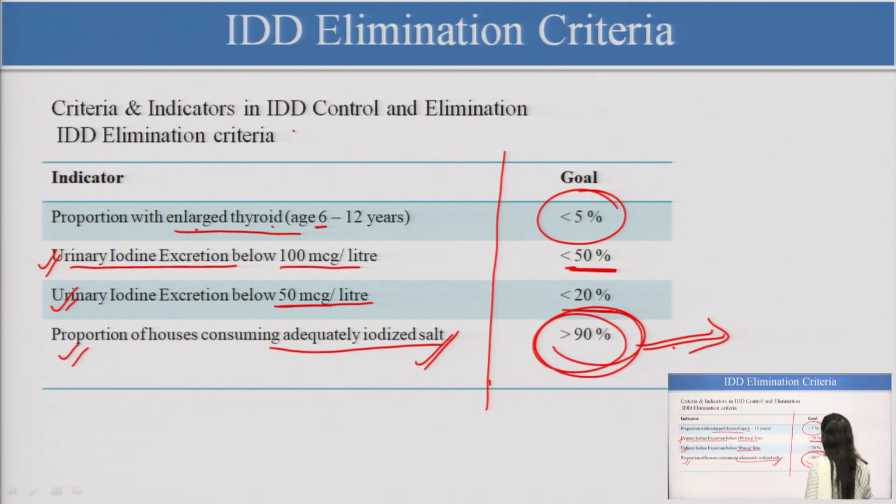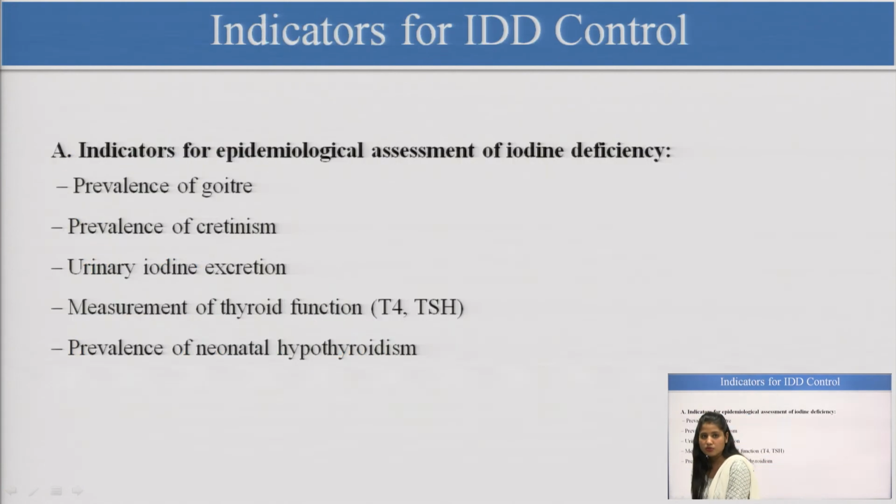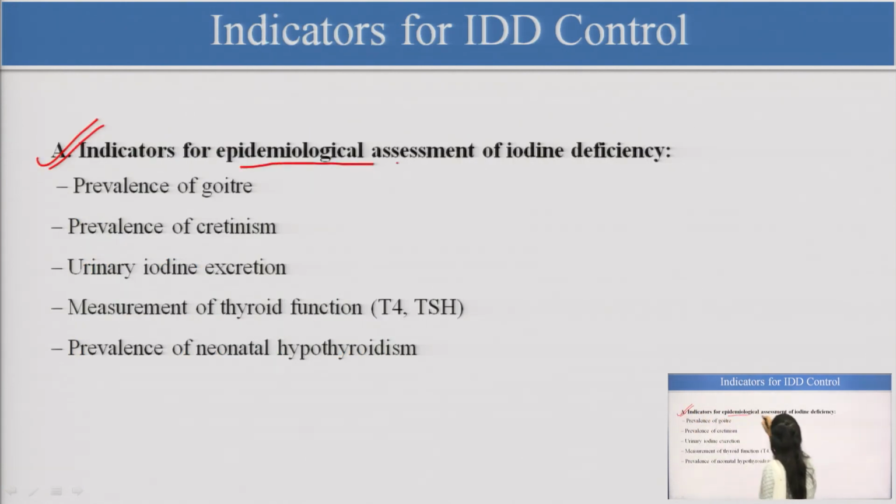Whatever programs the government launches, we are actually providing them to households. These are some of the indicators for epidemiological assessment of iodine deficiency. What will we check? We will check the goitre, the cretinism, and the urine iodine excretion. What are the other impacts of iodine deficiency?